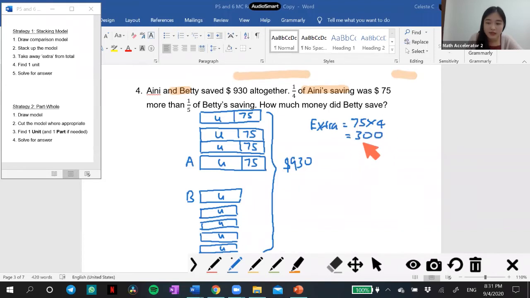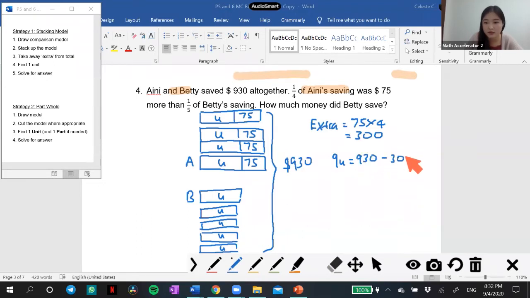Right, after you get the extra, next step, take away extra from total. Right, when you take it away, how many units are you left with? Count. 1, 2, 3, 4, 5, 6, 7, 8, 9. So your total is 930.